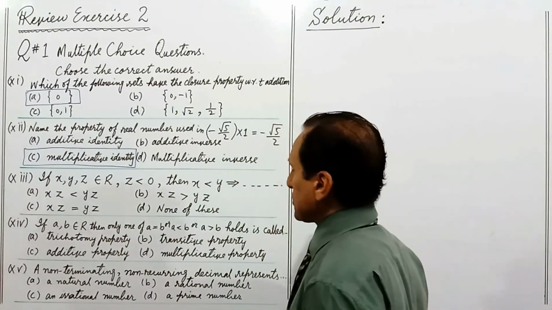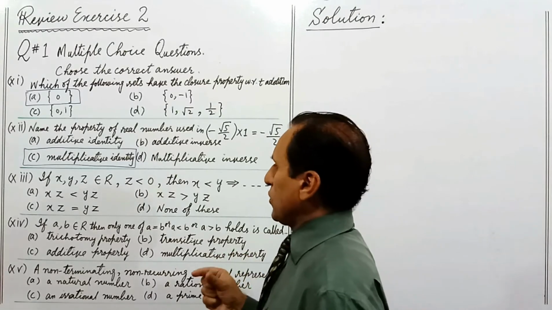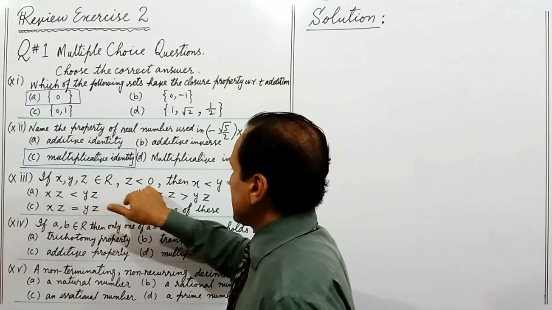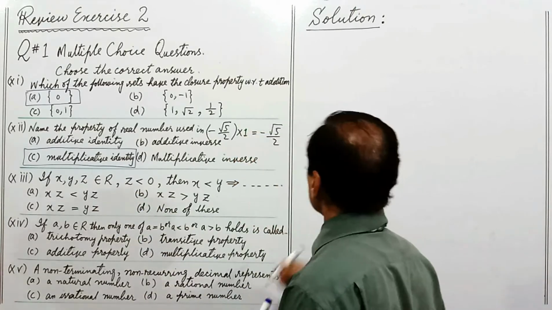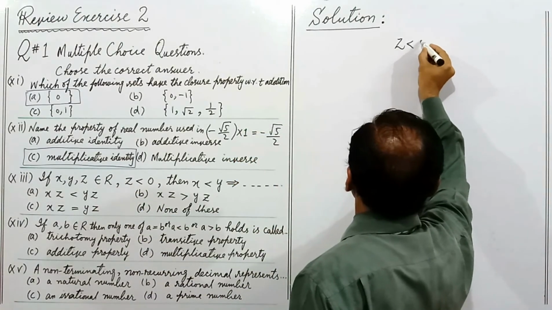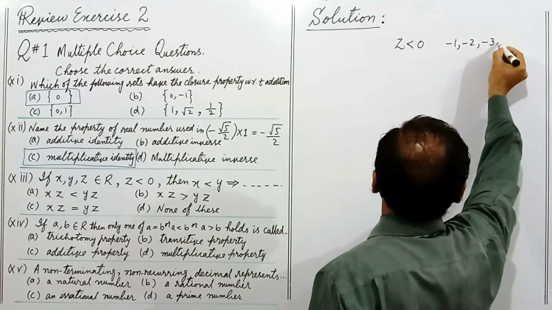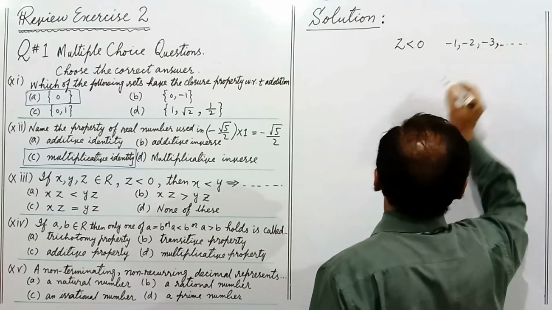So for this purpose, we have to recall the concept, that is, for any three real numbers, z is less than 0. Z is less than 0 stands for minus 1, minus 2, minus 3, and so on, negative integers.